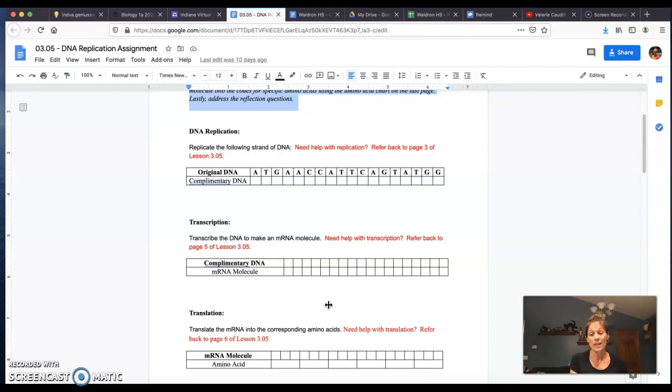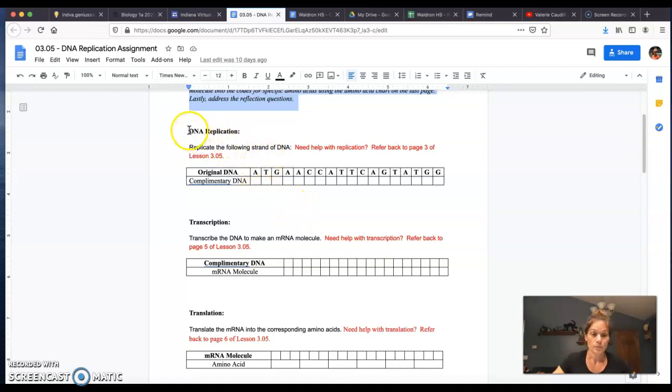We take DNA and copy it into a single strand of mRNA, that's transcription, and then we use that mRNA out at a ribosome to actually translate it into an amino acid chain, and an amino acid chain is a protein. So I'm going to do some of this lesson with you, and then hopefully with what I share with you here, you'll be able to continue on your own.